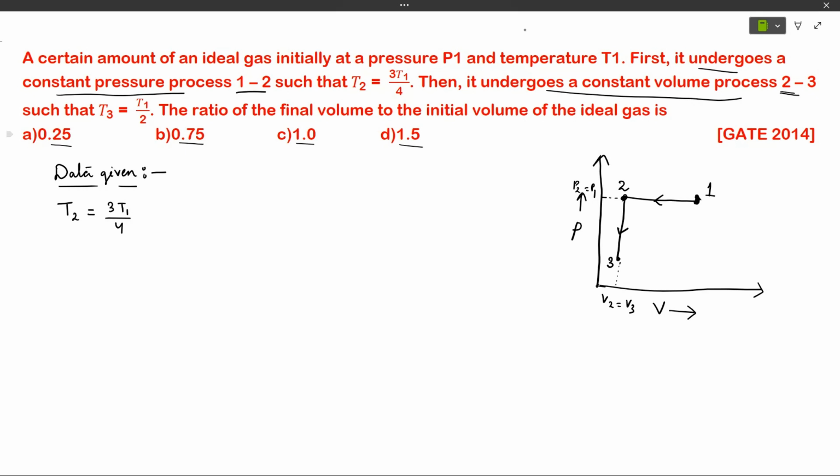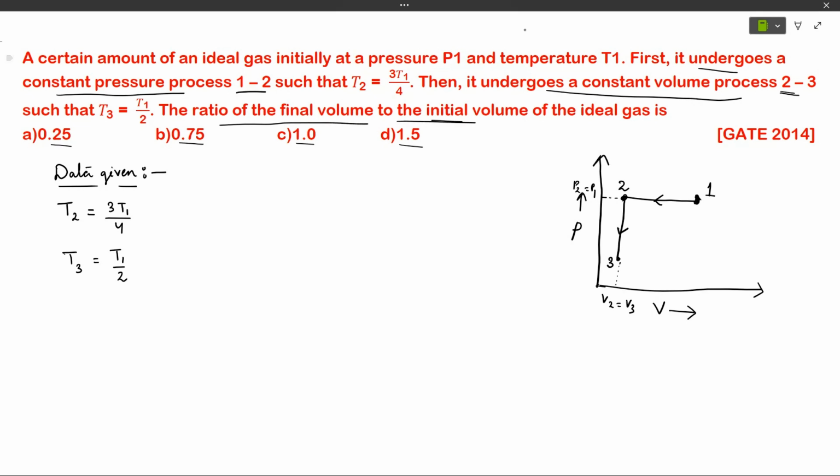Next data is mentioned here, that is T3 is equal to T1 by 2. Now here in this question we have to calculate the ratio of the final volume to the initial volume.